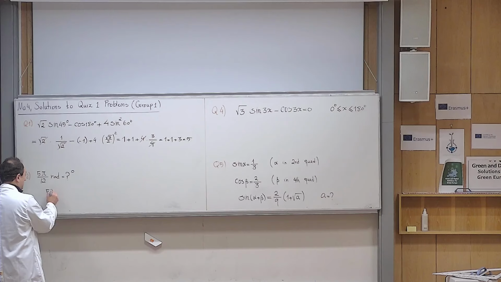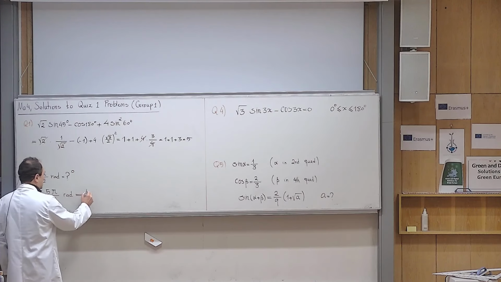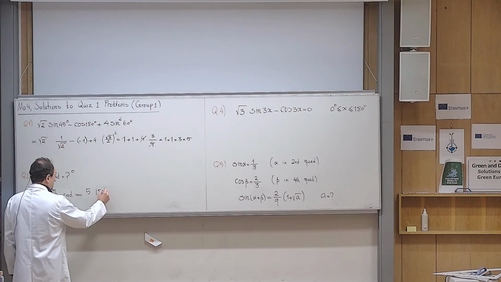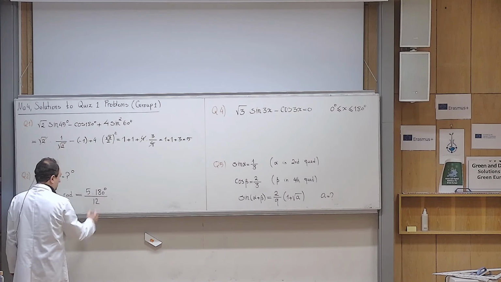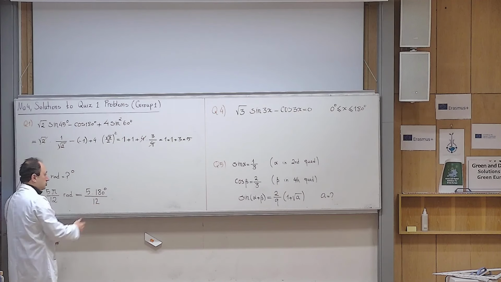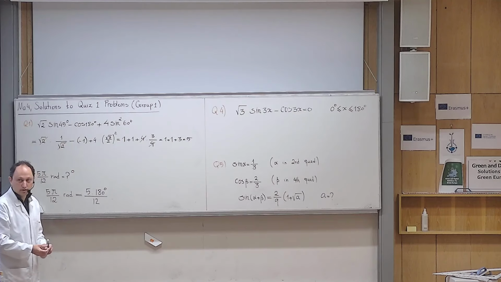So 5 pi over 12 radians is equal to 5 times 180 degrees over 12. Yes, that's it. But then you have to do some simplifications. If you can do this immediately in your head, do it. Otherwise, you have to simplify it gradually because the calculator is not allowed.